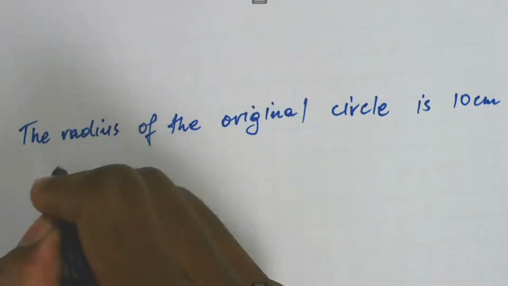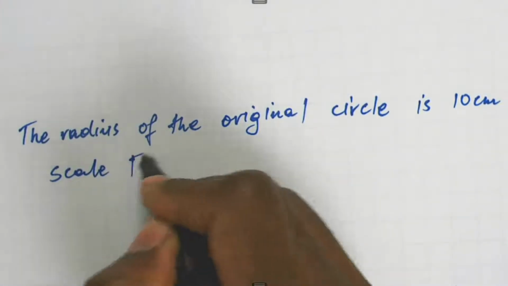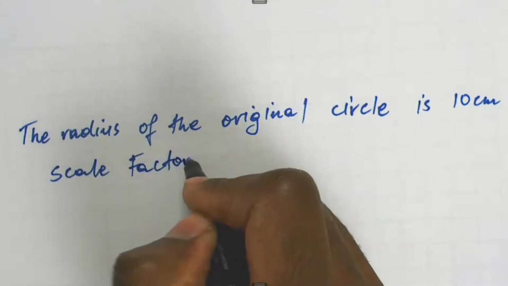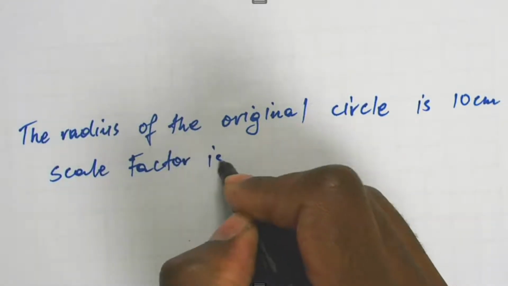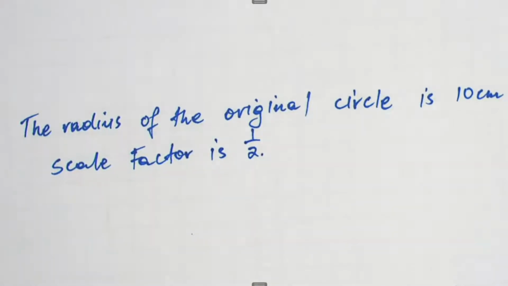Now we are given the scale factor is half. Now, if our scale factor is a half, then we want to find out the radius of the smaller circle.